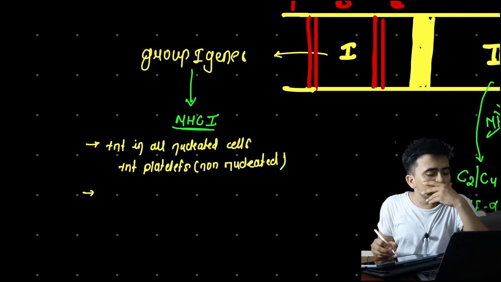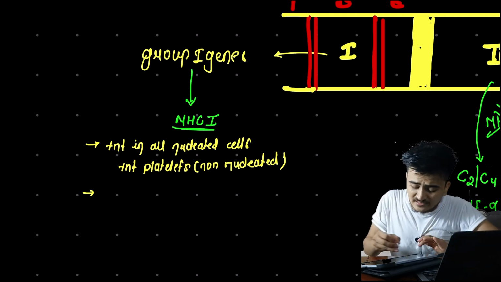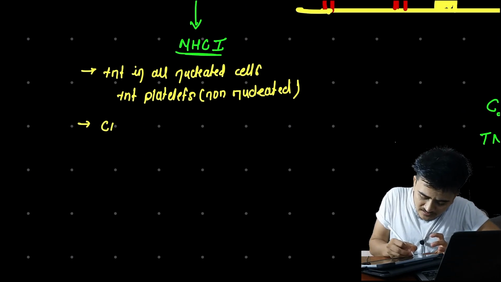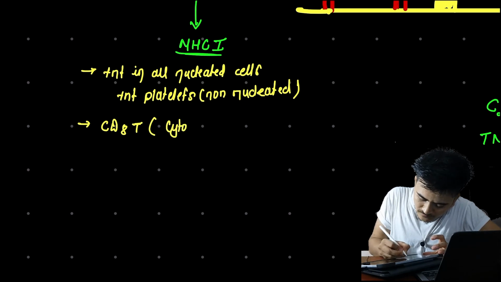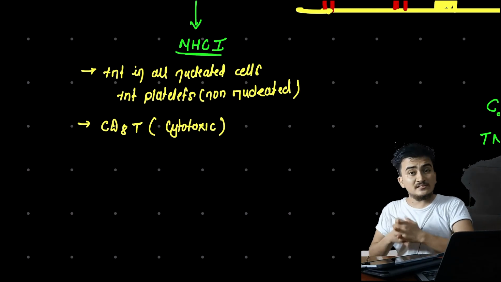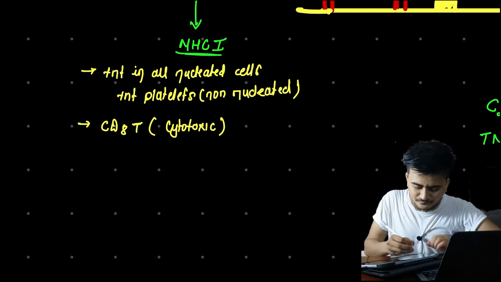Another point that we need to know is, MHC class 1 activates which type of T cells? It activates CD8 type of T cells, or cytotoxic T cells. We have already learned about this in T cells, right?